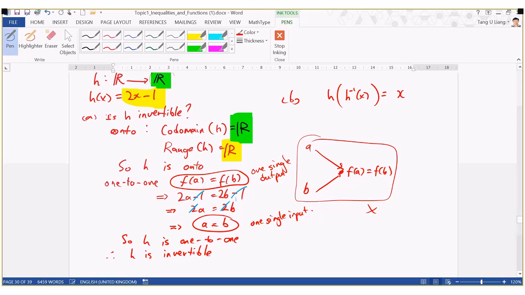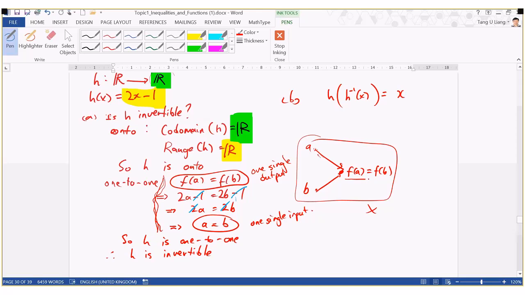Now, all this working that I'm showing down here, this method, is a way for us to say that we start with F(A) equals F(B). Then we do the working down, and it tells me that actually A must be equal to B. In other words, if my output is called F(A) and it's also called F(B), and I managed to show that A equals B, that means there is only one input mapping towards this point.